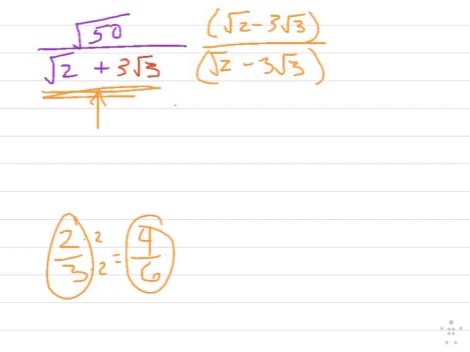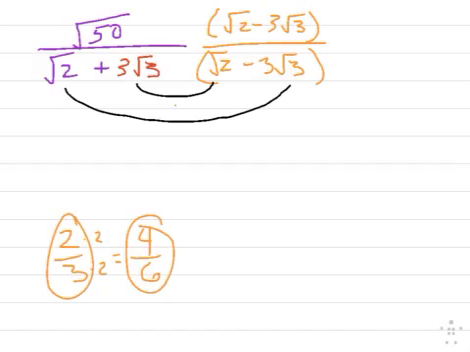So how do I do this and why does it work? Well, if you remember, when you're multiplying these things together, the inside and the outside terms are opposites of each other, so they just cancel out.